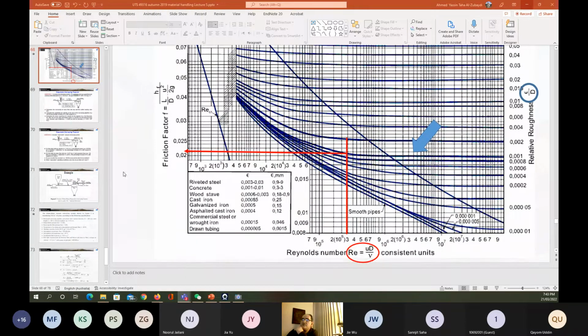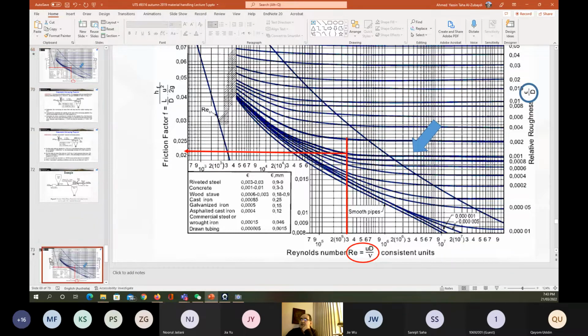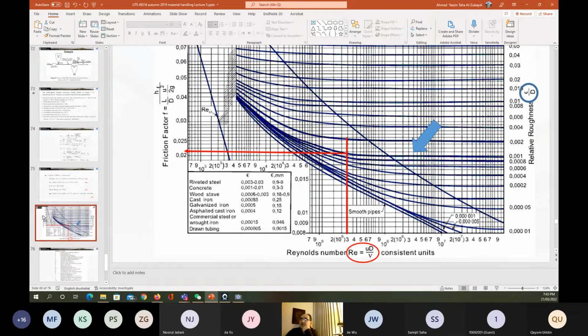Okay, so I'm going to resketch this one again. So I'm going to duplicate this slide. Take it behind the example here. Okay, so we said that the Reynolds number was 141,000, and this will make it somewhere around here. This one is 100, I think this is 150.